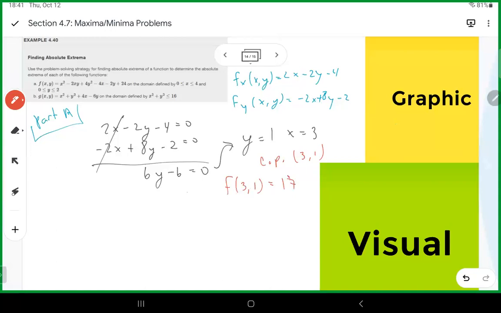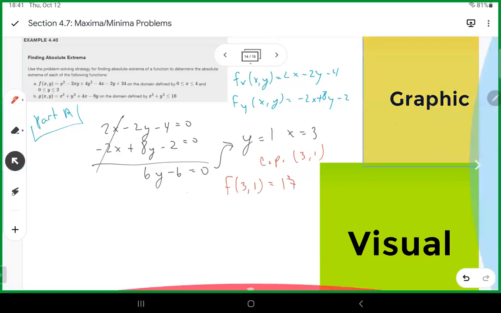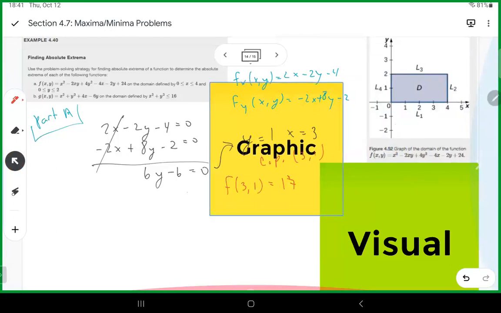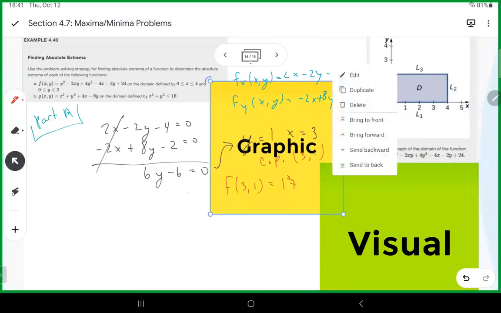The next step involves finding the extrema of the function on the boundary of its domain. So the boundary of its domain consists of 4 line segments as shown in the following graph, and I will show you that right now. I believe it is that one. Yes.